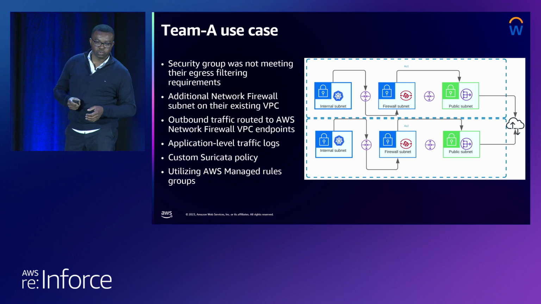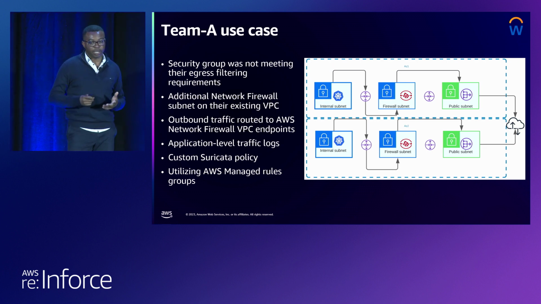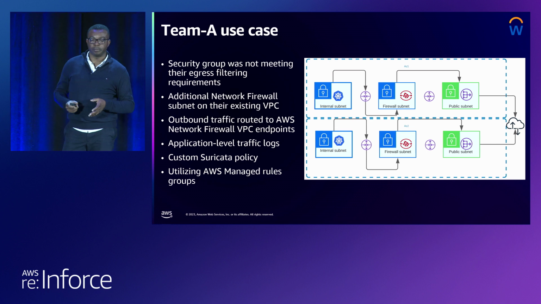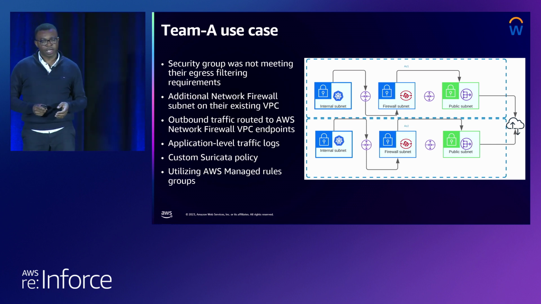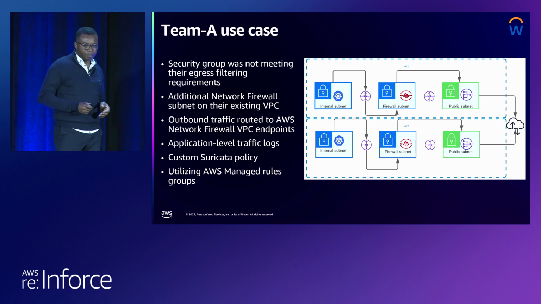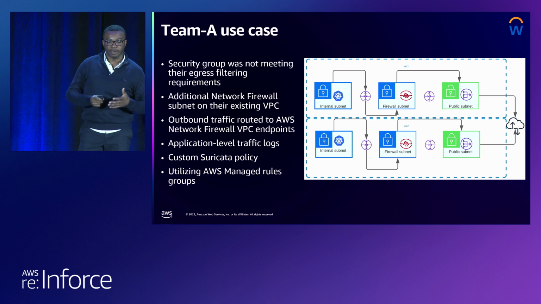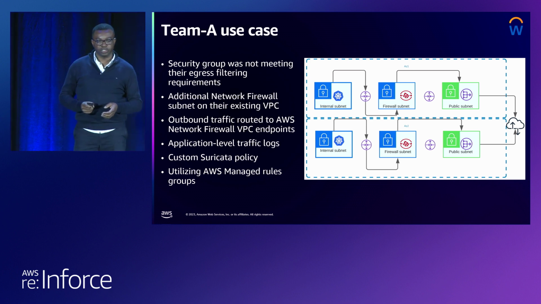So I'm going to go through a few use cases from our service teams and our dev teams. These guys here manage a platform for testing different components of the Workday application. Their requirement is pretty basic. They needed application level inspection and application level logging, something beyond what they could get with the AWS security groups.